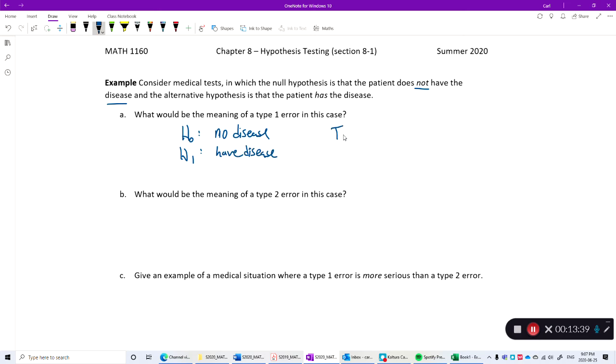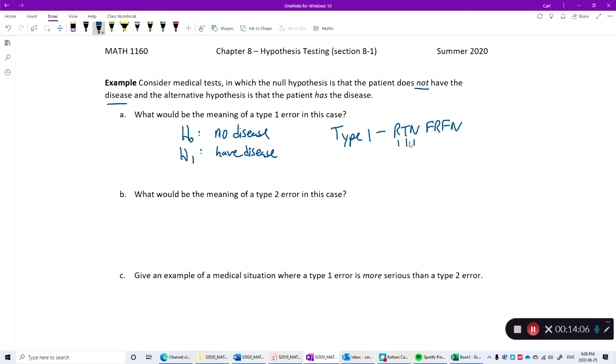So a type 1 error, if we use our acronym, routine for fun, oh, I forgot the R, that's why. Type 1 is the first 3 letters, so we failed to reject a true null.